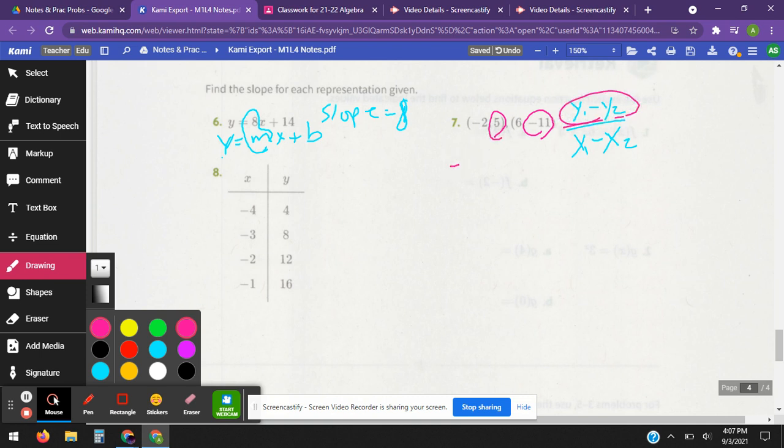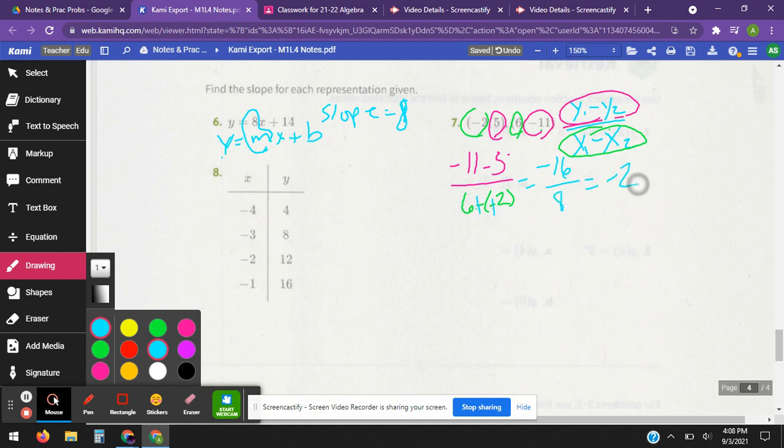Negative 11 minus 5 over, now let's do our x's. I got to start on this side, so 6 minus a negative 2. So that means it's negative 16 over, 6 minus a negative is a positive, 8, so that's a negative 2 slope.